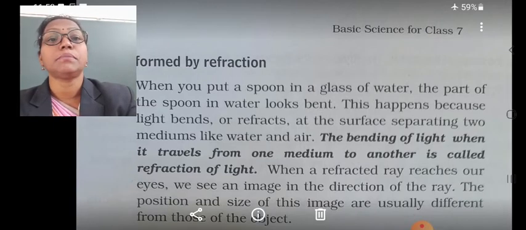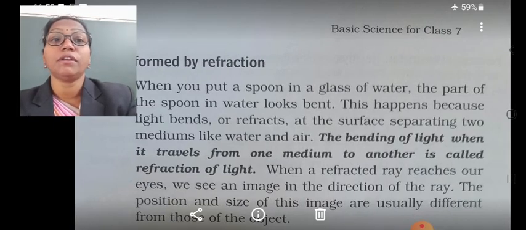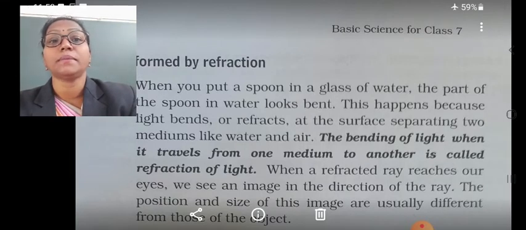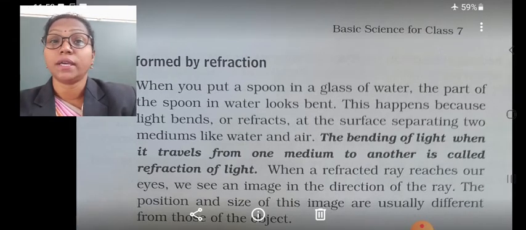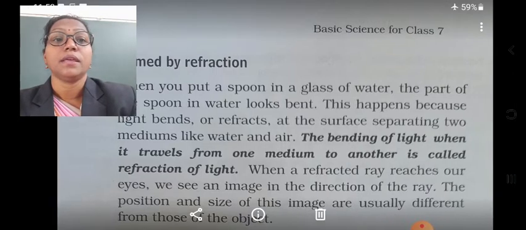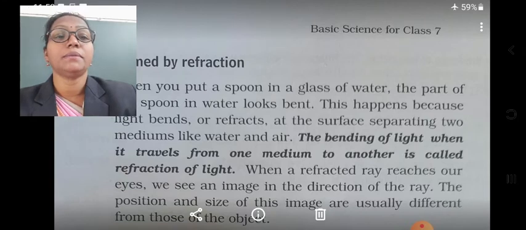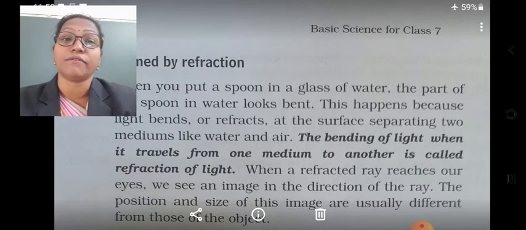This happens because light bends or refracts at the surface separating two mediums like water and air. The bending of light when it travels from one medium to another is called refraction of light.